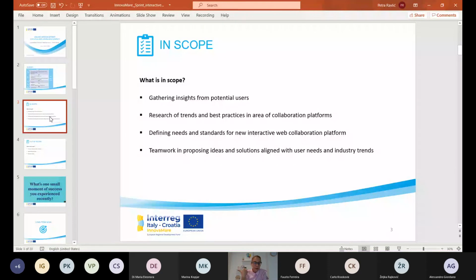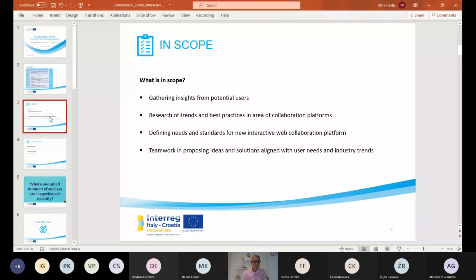Then we will define needs and standards for the new interactive web collaboration platform that should answer the challenges that you face in your area of work. It will also include a lot of teamwork in proposing ideas and solutions aligned with these user needs and industry trends.